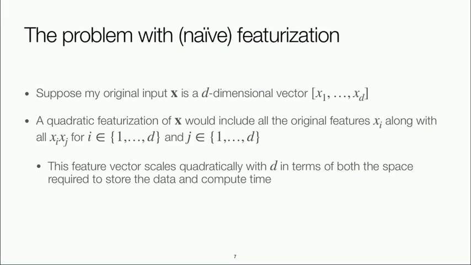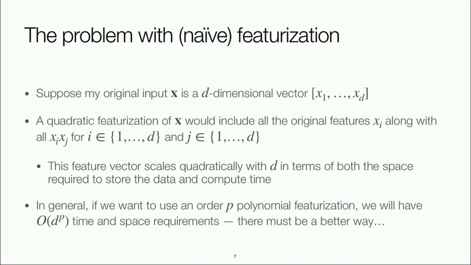If d gets larger, then my quadratic featurization grows by the square of that amount, in terms of both the space required to store all these feature vectors, as well as the amount of time it would take to compute anything that I want to compute, like W transpose X. It would grow quadratically in terms of both time and space.